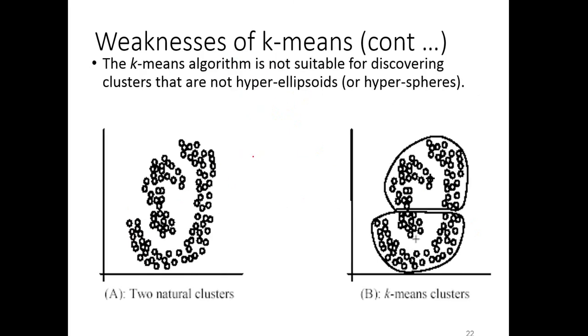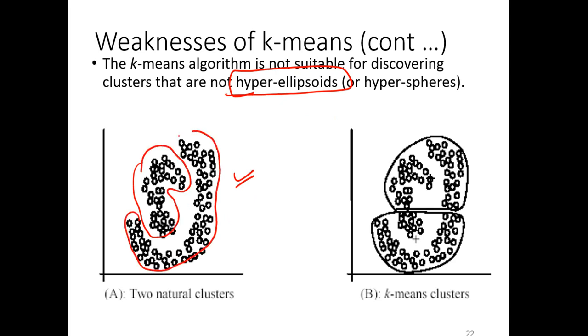Another important weakness of k-means clustering is that it's not very good unless you have hyper-ellipsoid cluster shapes. For instance, here there are two clear clusters, right? This one is a cluster and the other one is this one.